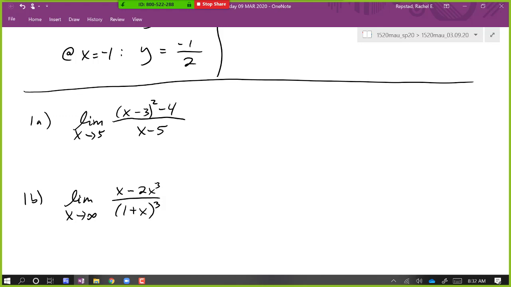In the first one, you're going to do some algebra up top to hopefully cancel out the x minus 5 so that you can let x approach 5. In the bottom one, you're going to do some algebra so that when you let x approach infinity, all the terms with an x in them shrink to 0. But you're not taking the derivative on these. It's just an actual limit they're giving you, and they want you to find a limit.